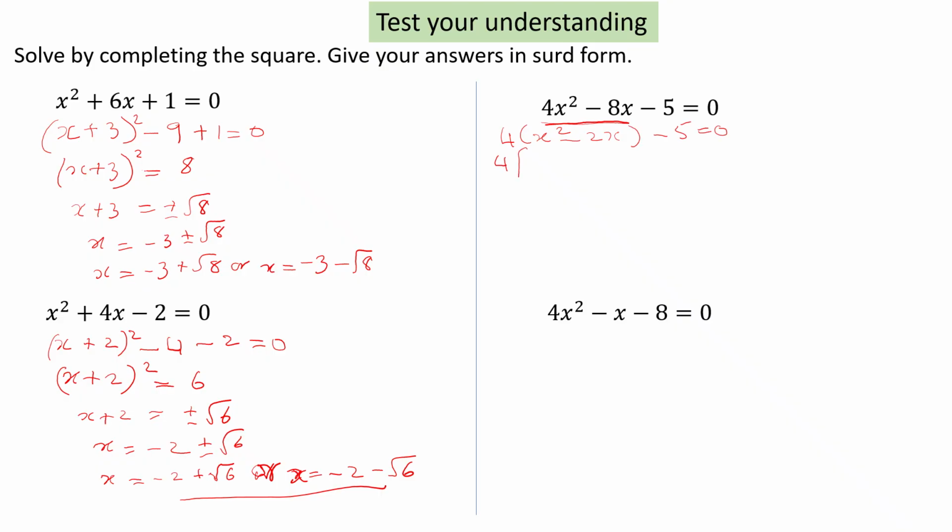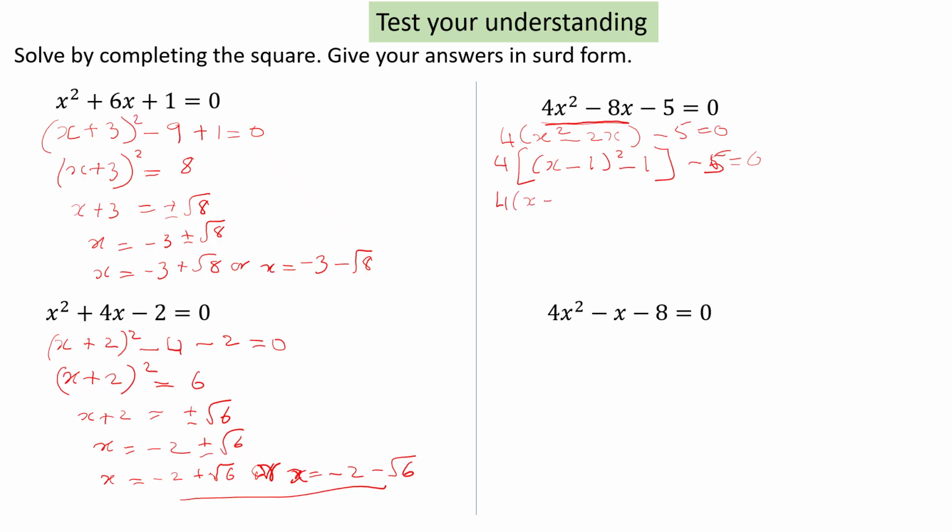4 times (x minus half of 2, which is 1) squared, and take away 1 squared, which is 1, minus 5 equals 0. Then multiply by 4.